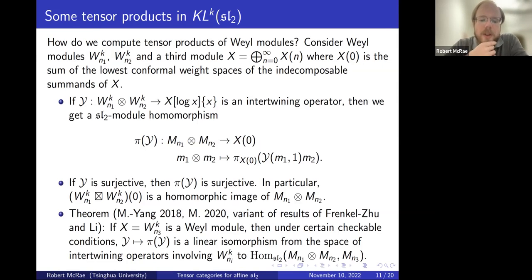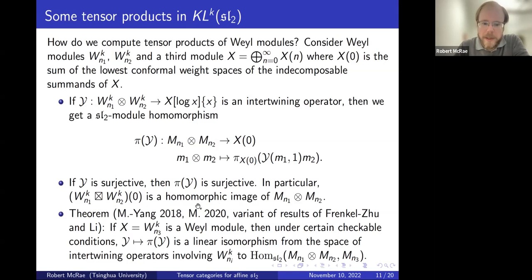And moreover, we can show that if Y is a surjective intertwining operator, which means that X is spanned by coefficients of powers of x in Y, then this pi of Y is a surjective SL2 homomorphism. So that means in particular that the tensor product module has a surjective intertwining operator coming into it.